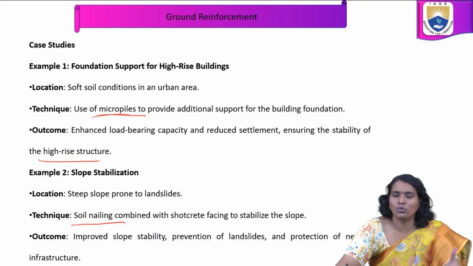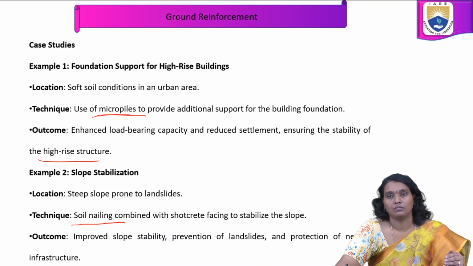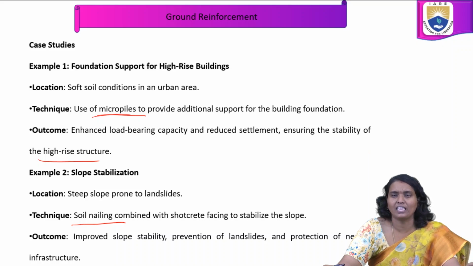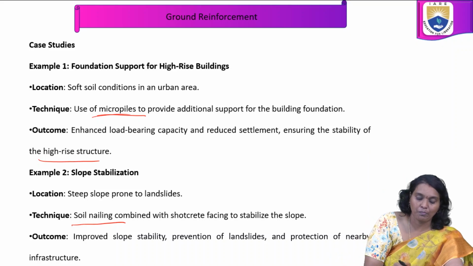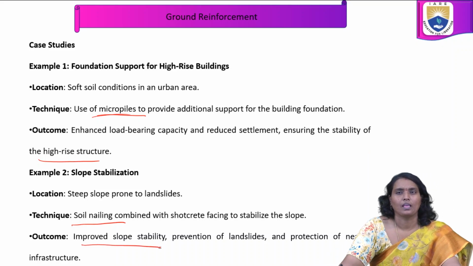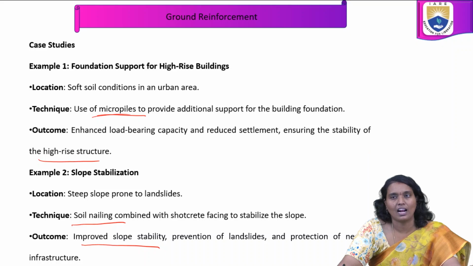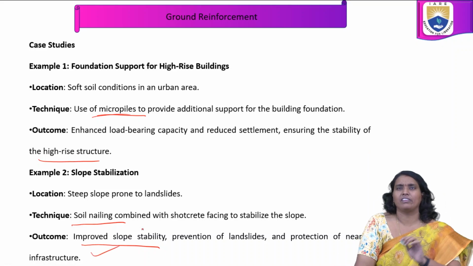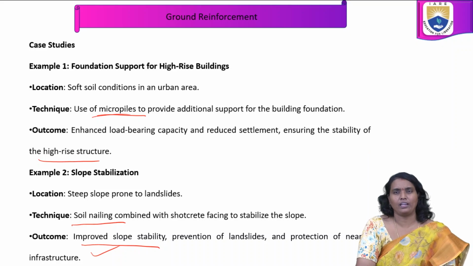For a steep slope prone to landslides, we are adopting the soil nailing technique. The result is improved slope stability, prevention of landslides, and protection of nearby structures. This is the outcome we will get from ground reinforcement.